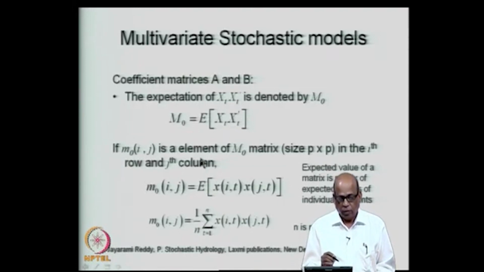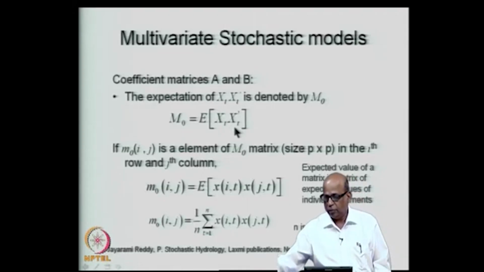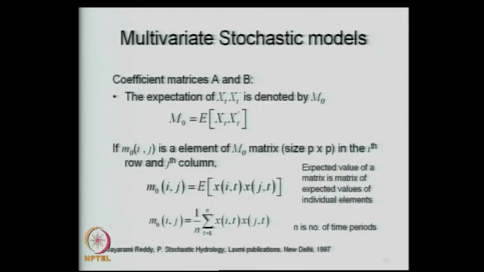Now, can we write this x t and x t dash? Let us write this matrix so that it is clear. X t is a p by 1 matrix, you have x 1 t, x 2 t etcetera up to x p t, and x t dash is a 1 by p matrix, x 1 t, x 2 t arranged in a row, and then we have to take an expected value.